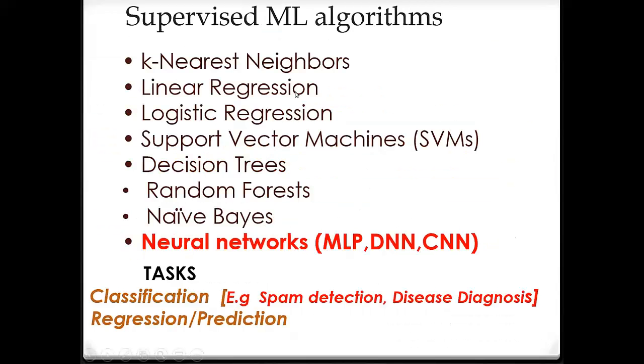So for supervised learning, these are some of the most common algorithms that you come across: k nearest neighbors, linear regression, logistic regression, SVM, support vector machines, decision trees, random forests, naive Bayes, and neural networks. So you can use these for supervised learning problems such as classification, regression, and prediction.